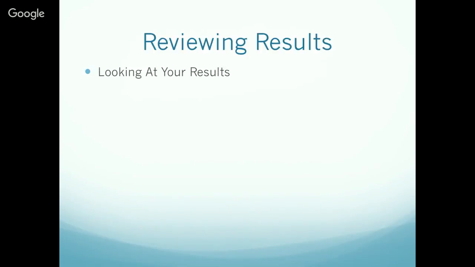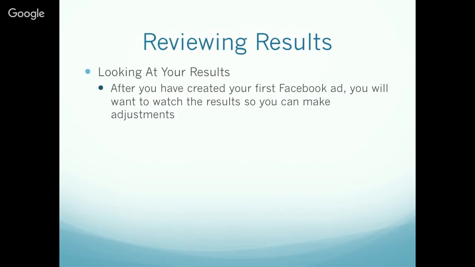All right, so after you've created your Facebook campaign, ad set and ad, you're going to need to look at the results in order to determine if you are getting good results. So you want to make adjustments based on the performance of the ads in order to not spend too much money on Facebook and not get good results.